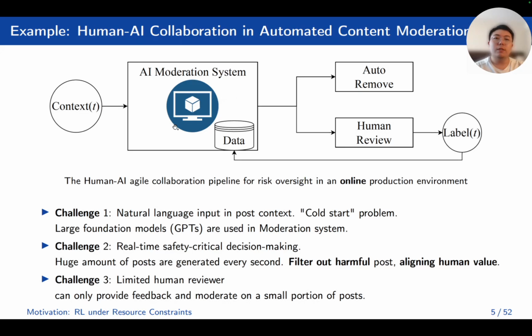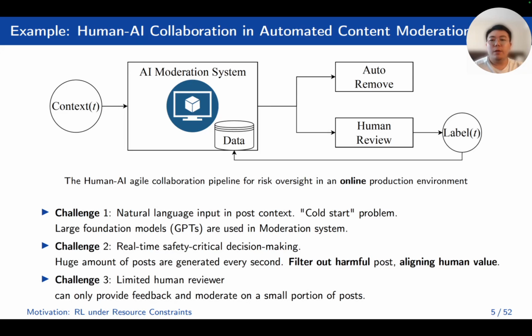We consider it as the agent, and all other components are the environment. The AI moderation system will help to classify which content should be automatically removed because it is already known as very harmful or inappropriate, or, if it is uncertain, it will put it into human review.